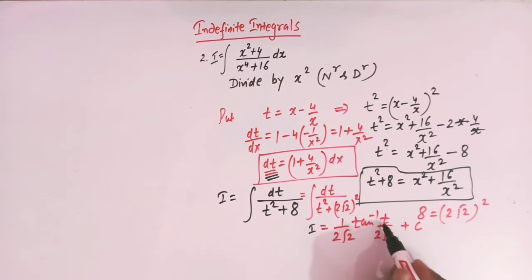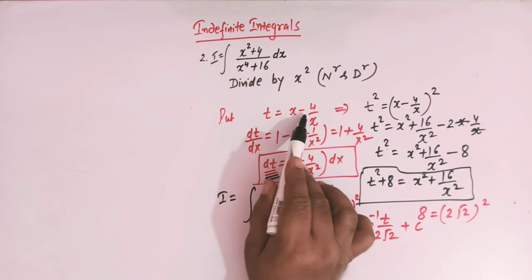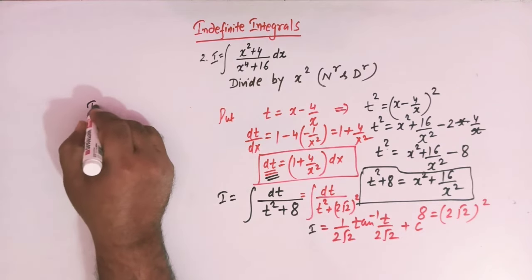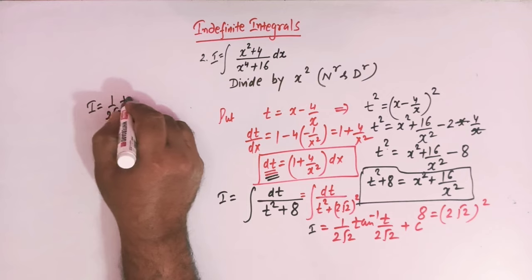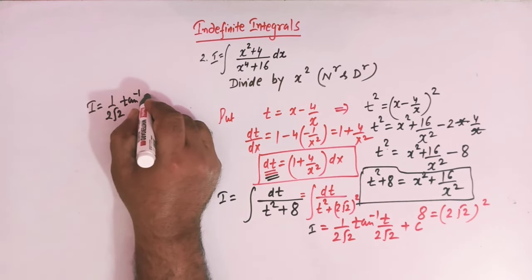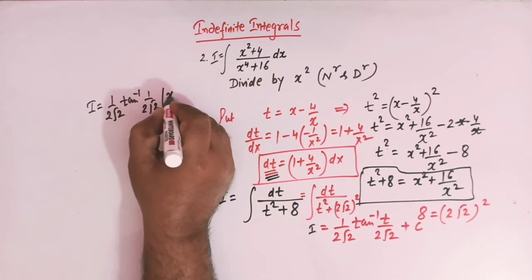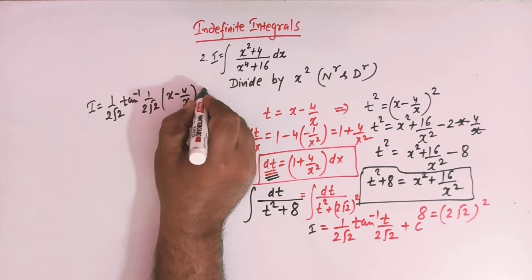So now we can resubstitute the value of t as x minus 4 over x over here. So we have I is equal to 1 over 2 root 2 tan inverse of 1 over 2 root 2 times (x minus 4 over x), plus c.